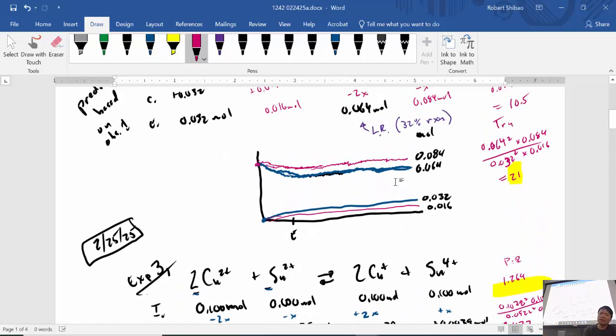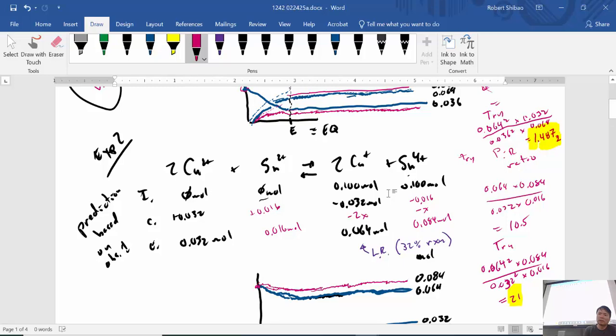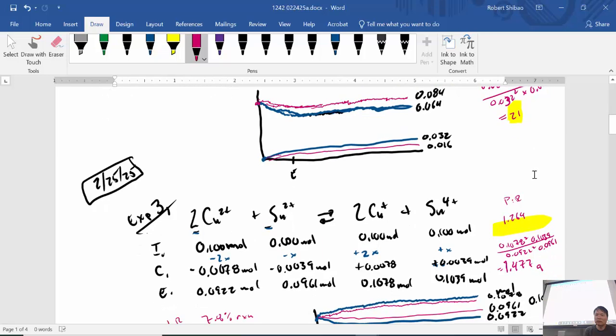So let's take a look at the number. It didn't come out to 42, but take a look at the numbers here. What did our first one come out to? 1.487. And our third one came out to 1.4779.